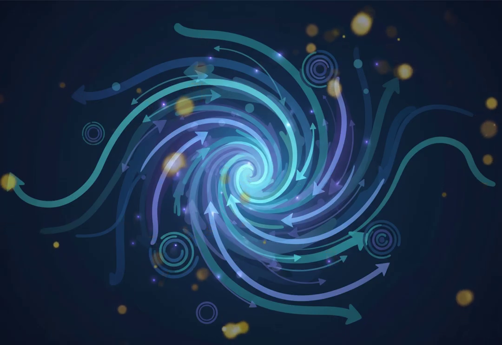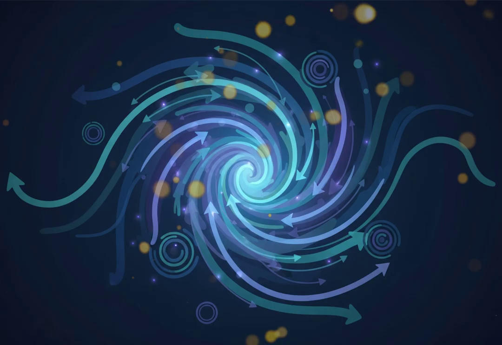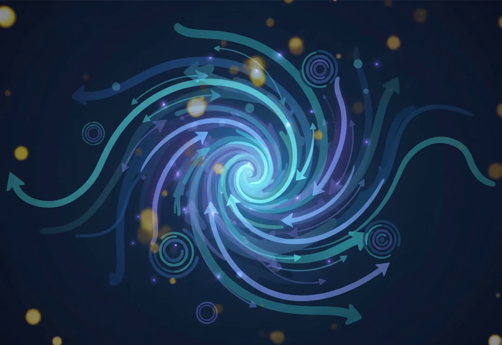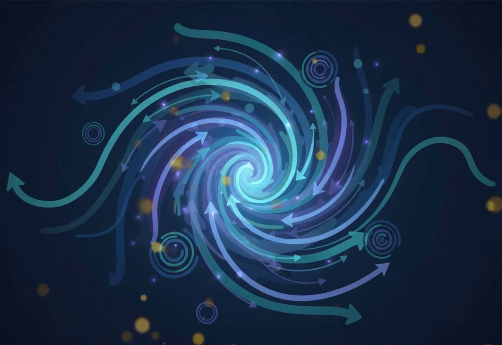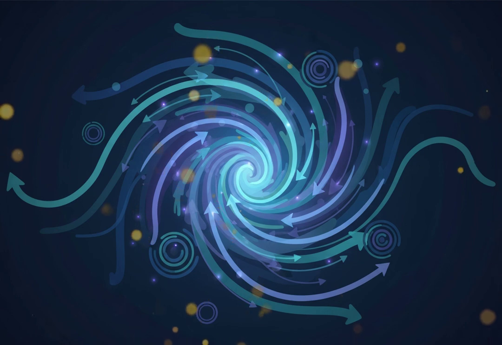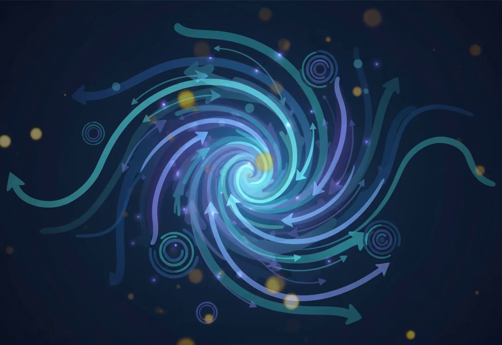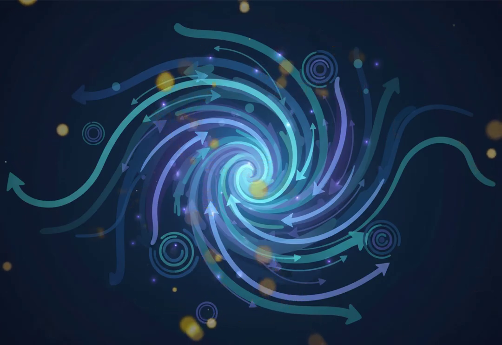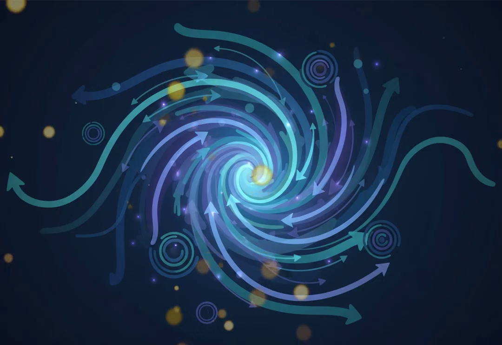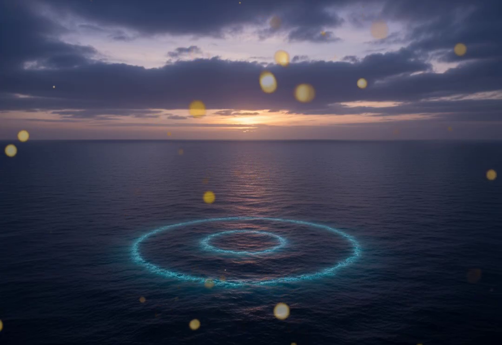This technology empowers researchers to refine their models of vortex behavior, transforming raw data into predictive tools that can anticipate changes in ocean dynamics with remarkable accuracy. Consider the implications of harnessing such technology.